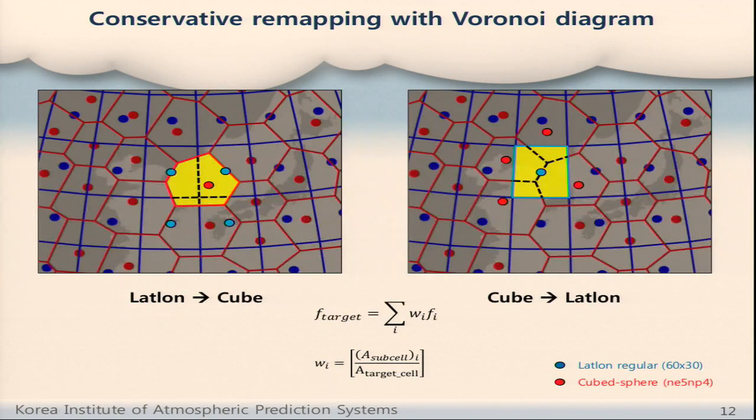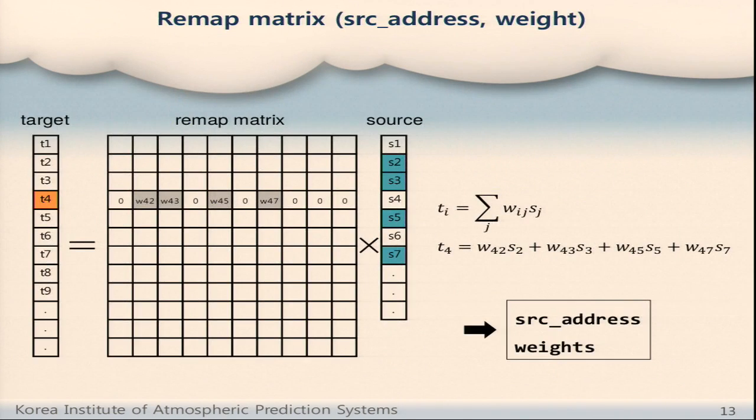Finally, the conservative method uses the area ratio of the source grid points contained in the Voronoi polygon of the target grid. This method is suitable for remapping of physical quantities such as flux or mass, which should be conserved after remapping. Each of these methods has different properties, but can be expressed in the same way as a remap matrix.